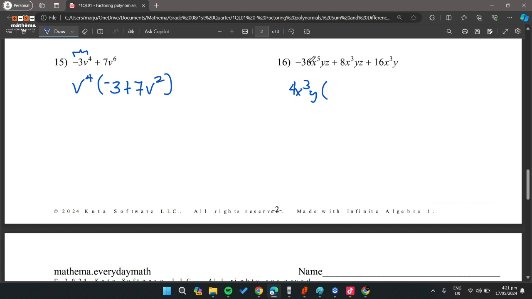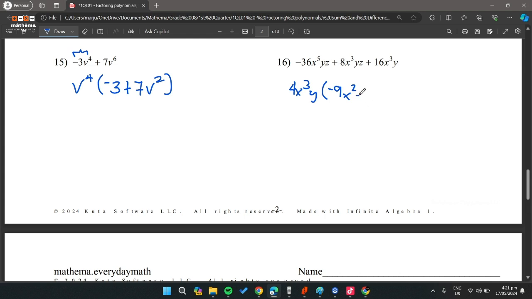So we have negative 36 divided by 4, that is negative 9. And then x to the 5th power divided by x cubed, that is x squared. Basic math, yes. Alright. And then y is cancelled.